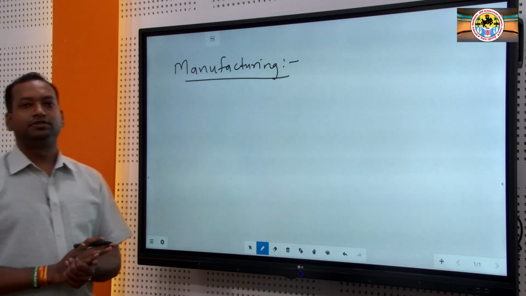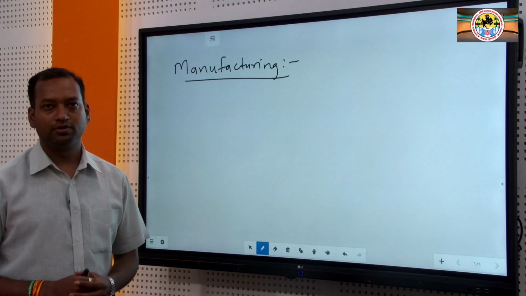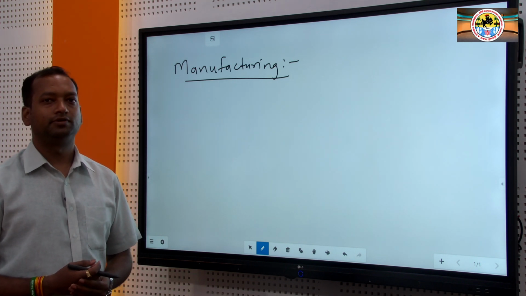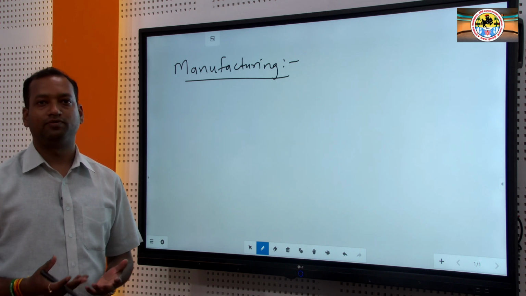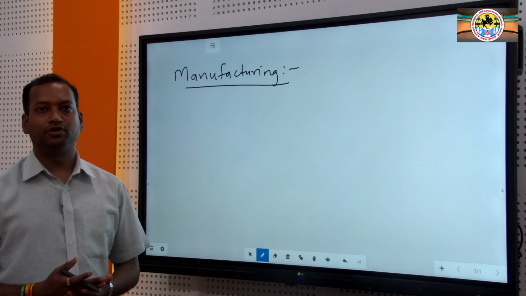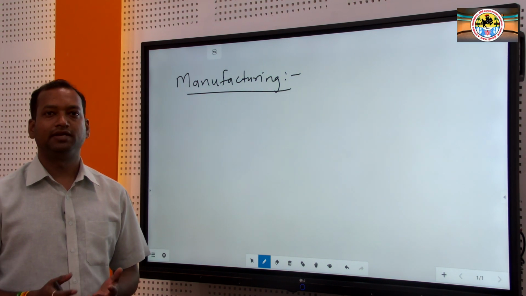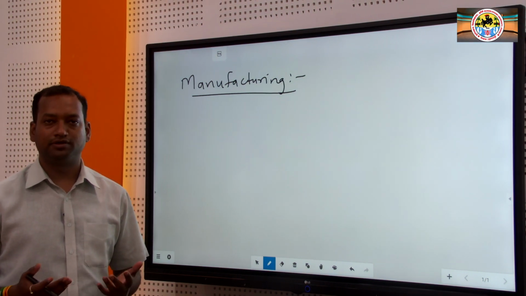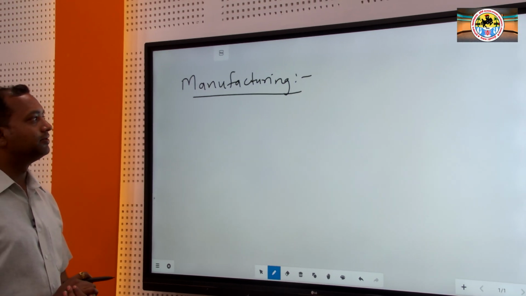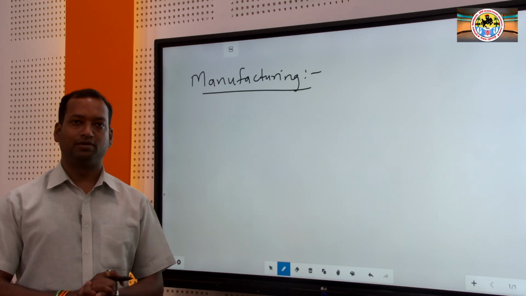Manufacturing is nothing but the conversion of a raw material into a finished good by applying various processes to it. These processes can be carried out by hand, with manual operations, with machines, and with various tools and equipment. We convert the design, the structure, the size, etc. Manufacturing is defined as the value addition to the raw material.